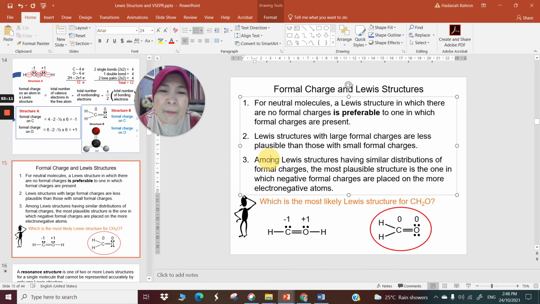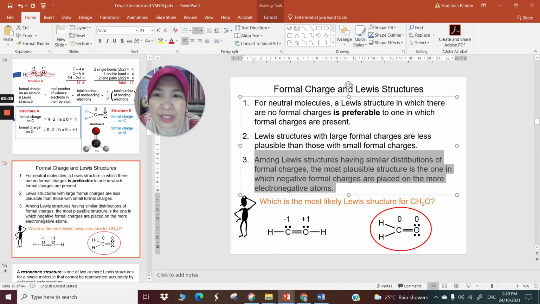And number 3, among Lewis structures having similar distribution of formal charges, the most plausible structure is the one in which the negative formal charges are placed on a more electronegative atom. So this is another rule not applicable to your formaldehyde for now.